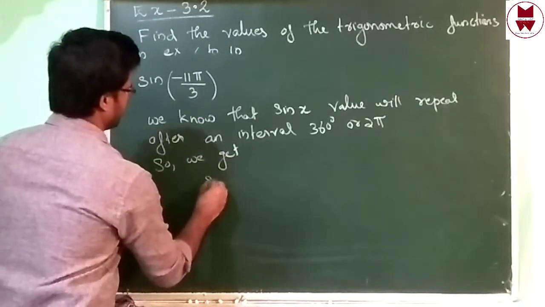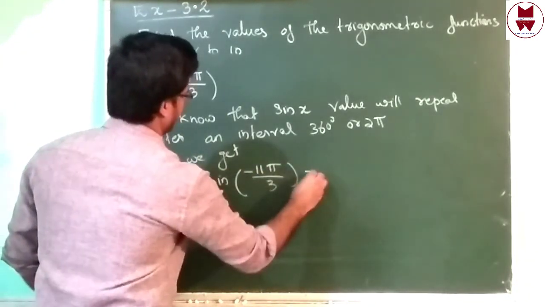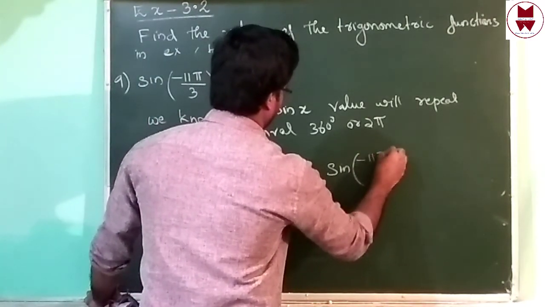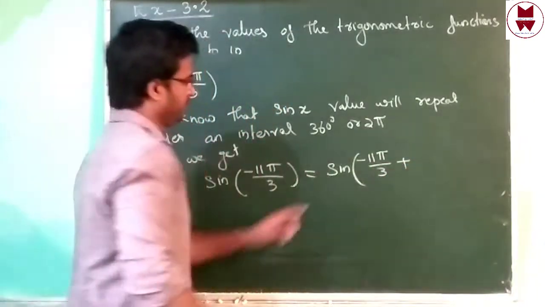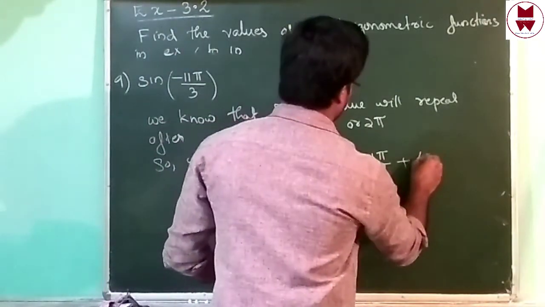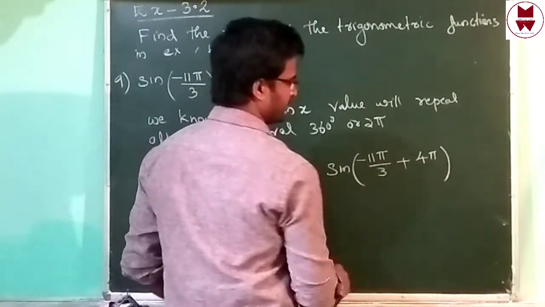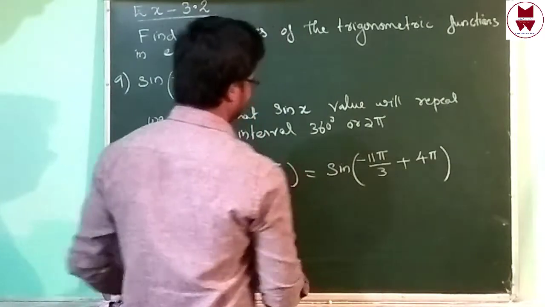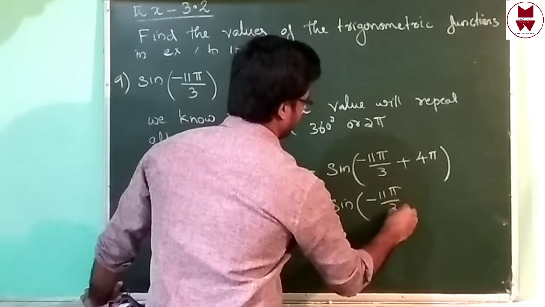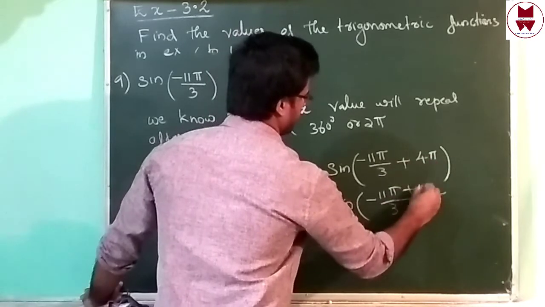So we get sin minus 11 pi by 3. We can write, sin minus 11 pi by 3 is a negative number. That's why we have to add one value. That means I am going to add here 4 pi. 4 pi means how much? 2 pi into 2, isn't it? 4 pi. Sin minus 11 pi by 3, take LCM plus here, just multiply, 3 into 4, 12 pi.